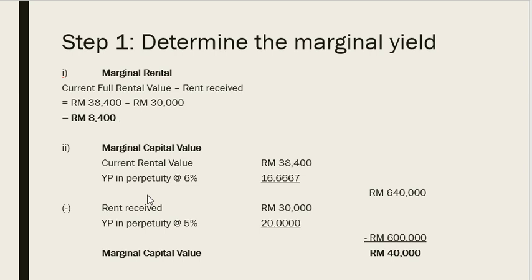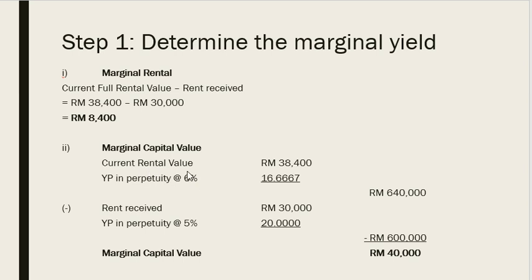Since the highest rent would be the rental value, we put here 38,400, and then we multiply by years purchase in perpetuity at 6%. Why 6%? Because in the question it is given that the ARY is 6%.